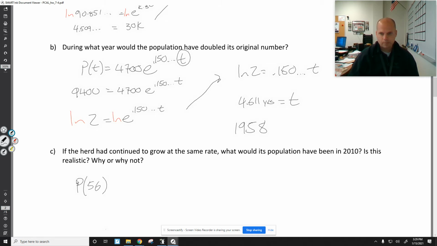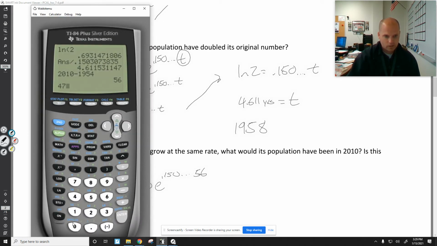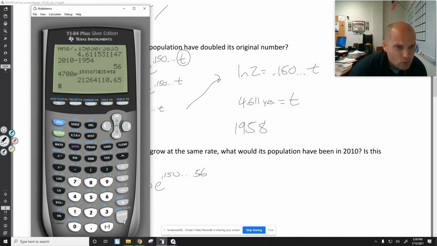P of 56, the population of caribou in the 56th year, using this caribou exponential growth function, is, drum roll please, 4,700 e to the, this number, times 56, drum roll, 21 million. It's 21,264,110 caribou.